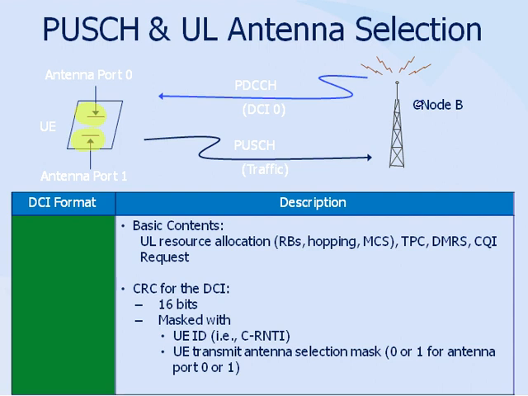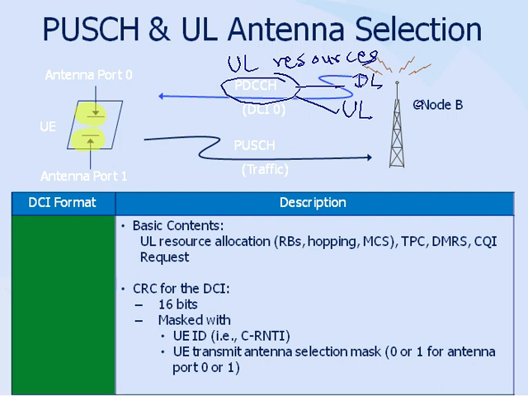Our eNodeB is always in charge of resource allocation, and that is the rule. In OFDMA, eNodeB is always in control. So eNodeB allocates the uplink resources, and of course we have mentioned that in the past, but the physical downlink control channel allocates not only the downlink resources but also the uplink resources.